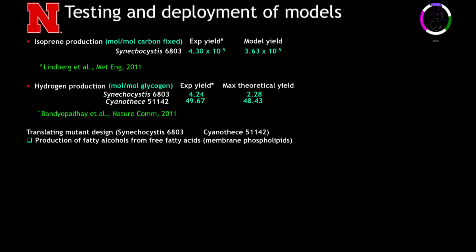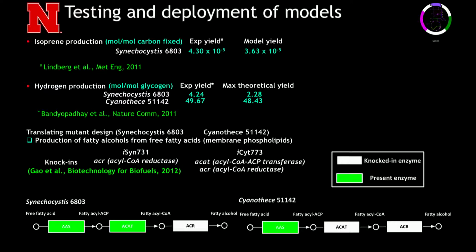And we have tried hydrogen production, and you could see that if this is your experimental yield, at least they are very close. So, this is just to show how for a given product you might be very close, but you always have to remember that will not be the case for all products. Fortunately for us, it was the case.